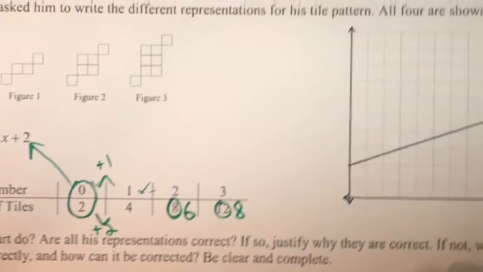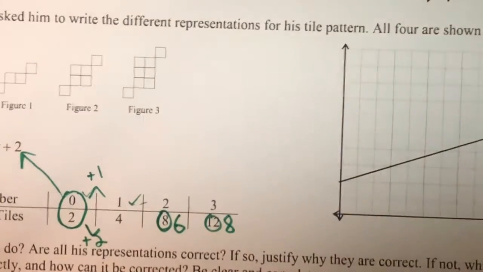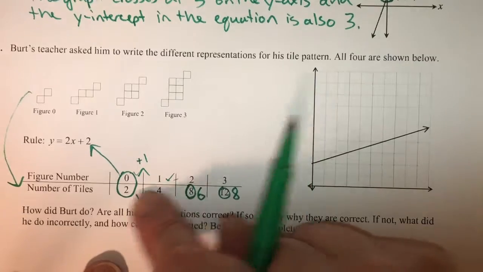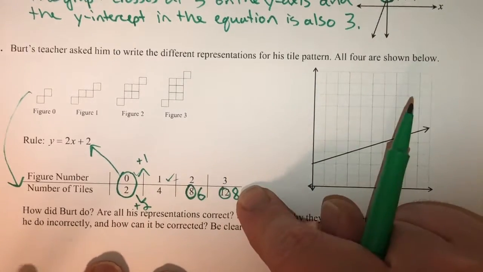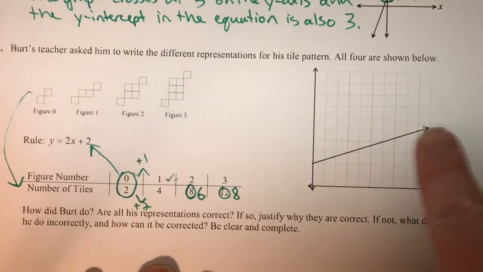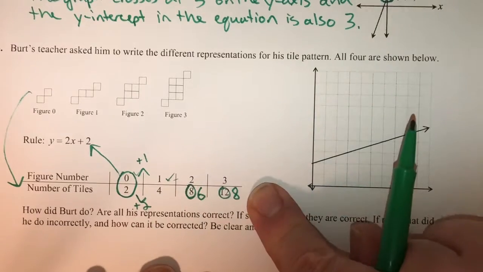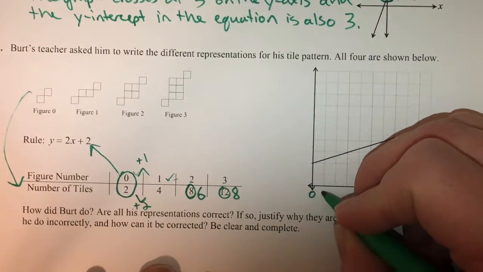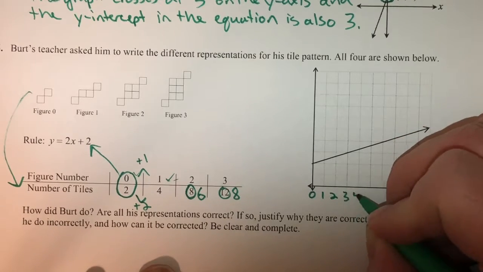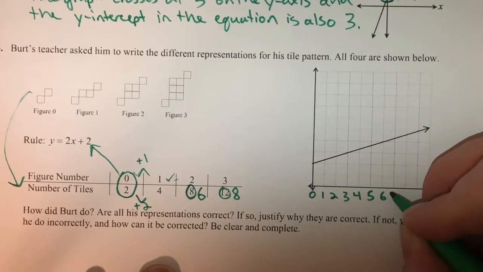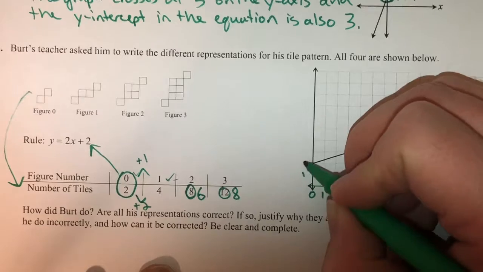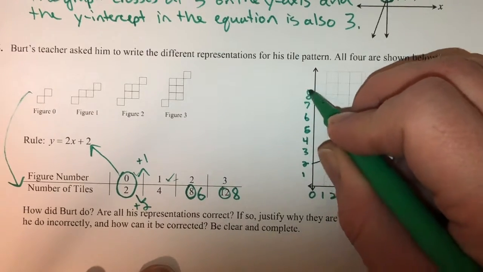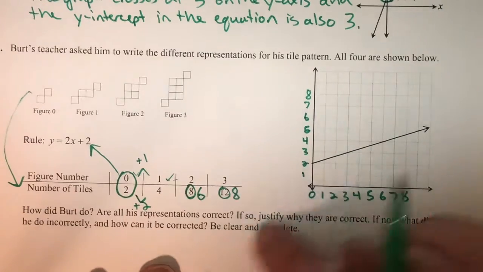So last but not least, we're gonna double check to see if the graph matches the correct table here. So he may have graphed the incorrect table, but we're gonna check. So first off, I like to label my graph just so I can tell where I'm putting my points. That'll help me decide whether it's correct. So 1, 2, 3, 4, 5, 6, 7, 8. All right, so 0, 2 is the first one.